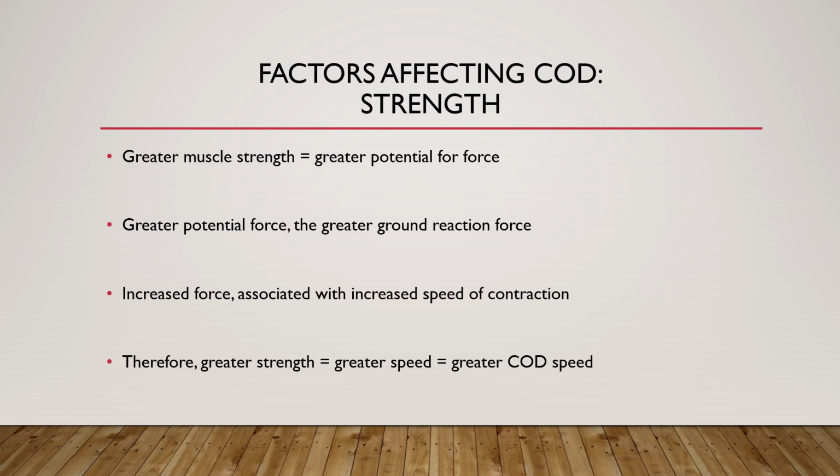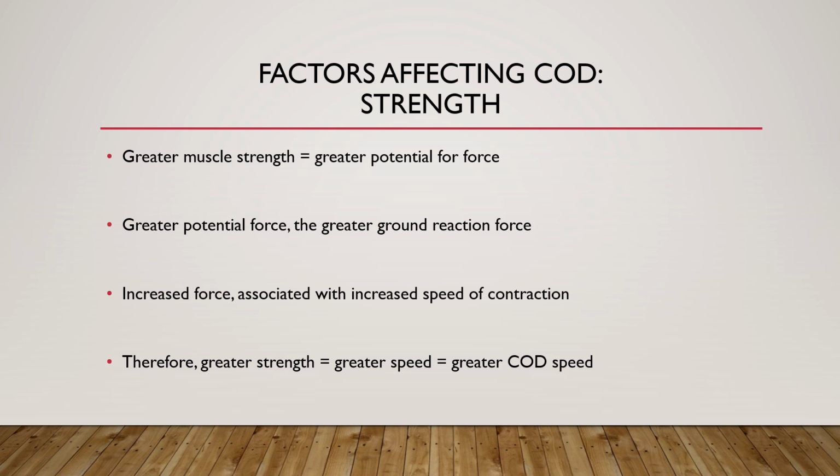So particularly in the re-acceleration phase, if we can have a greater absolute force development, we should be able to re-accelerate more quickly. And obviously if we can have an increased force, then we know that that's associated with an increased speed of contraction within the muscle as well. So if we combine all these factors together, we have a greater muscle strength, we have a greater ability to absorb force, and also a greater ability to apply force, and also a greater speed of contraction.